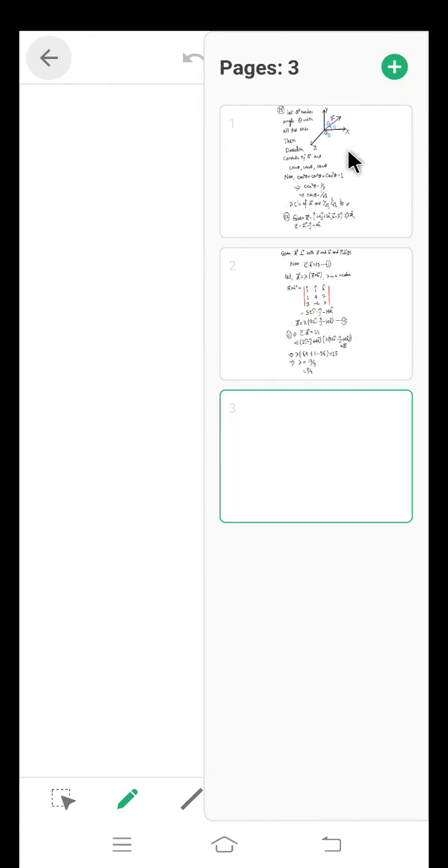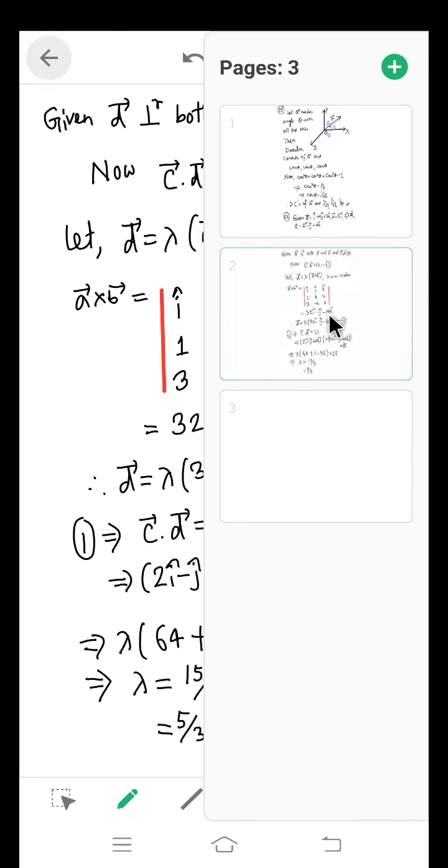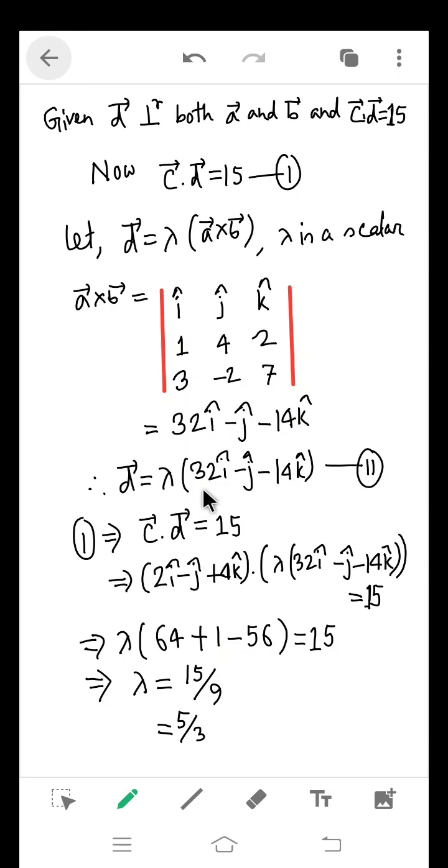Now you can substitute the value of lambda. We factored it out on page 1, so D is 32i minus j minus 14k.